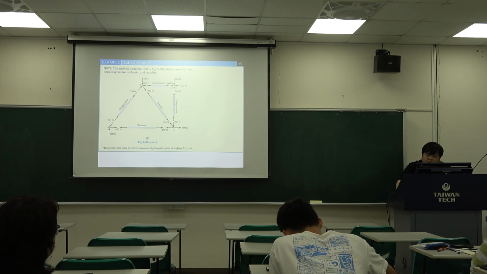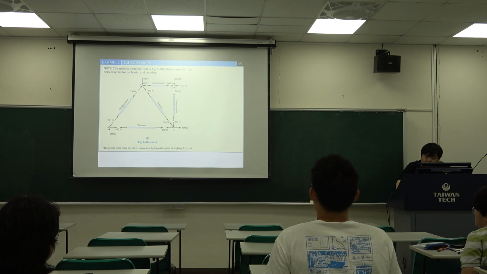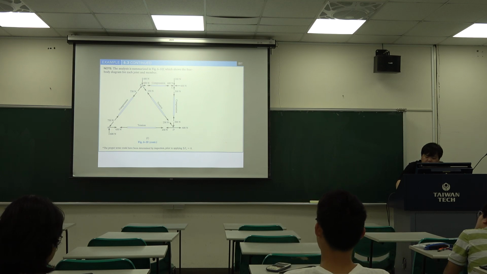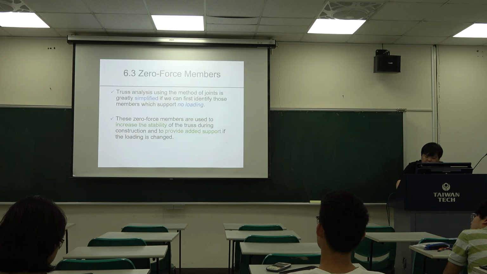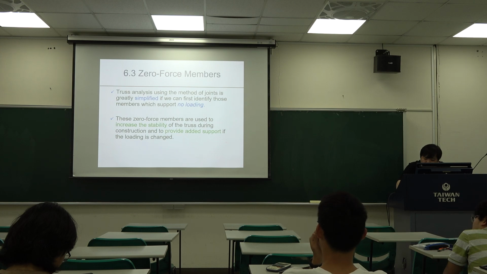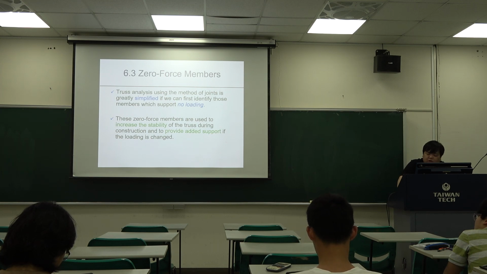When using the method of joints for calculation, the zero force members are used to increase the stability of the truss during construction and to provide added support if the loading changes.